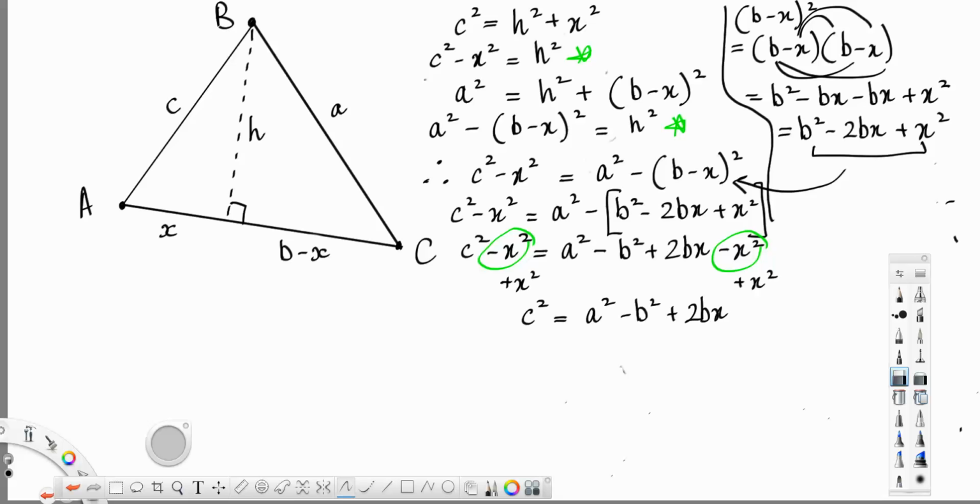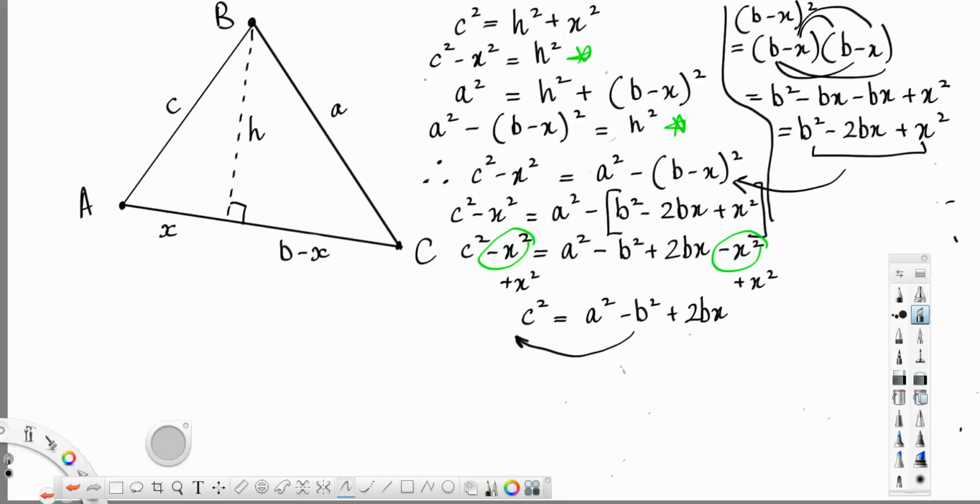Now, just because I want to be pedantic, I am going to make a squared the subject, purely because it's the first letter in the alphabet. Right, so that means I'm going to move things around. The minus b squared is going to come across to the left, and because it's minus b squared and it moves to the left of the equal sign, it's going to become plus b squared.